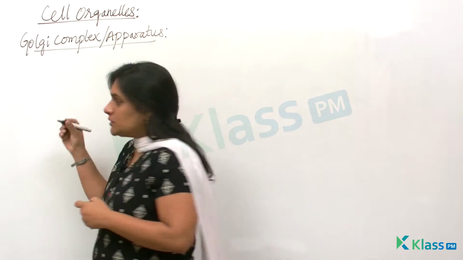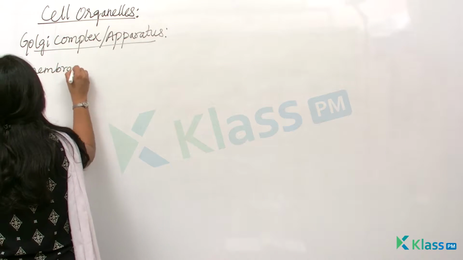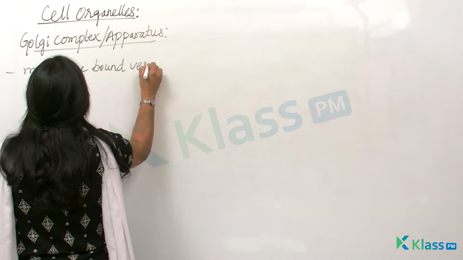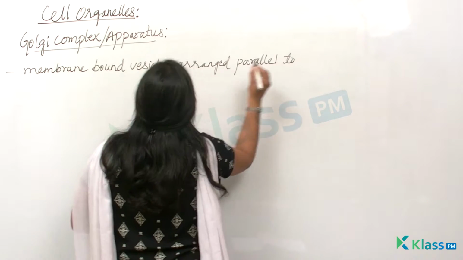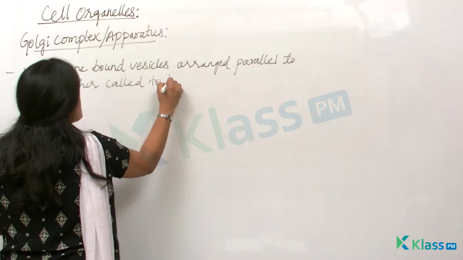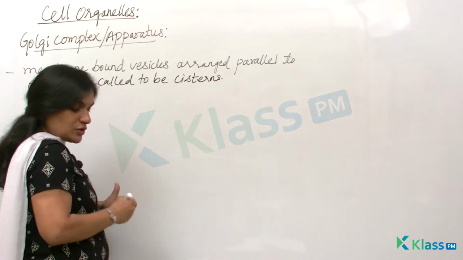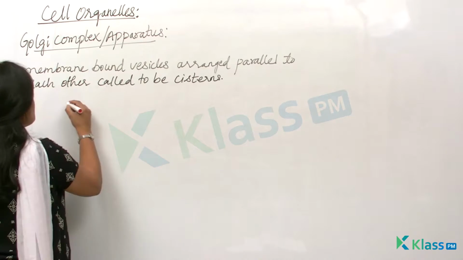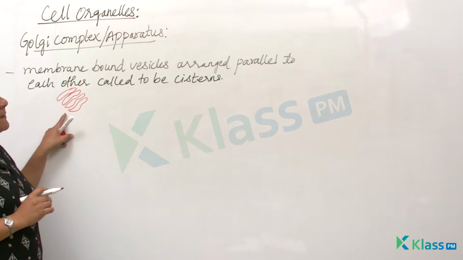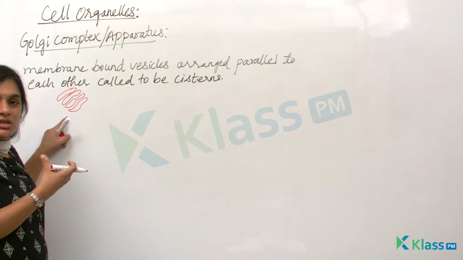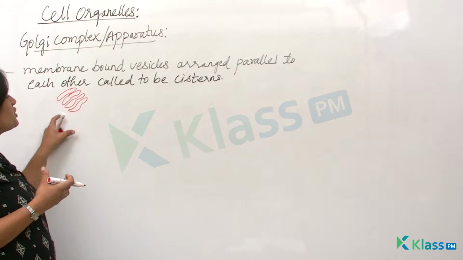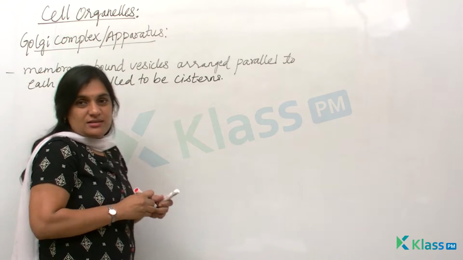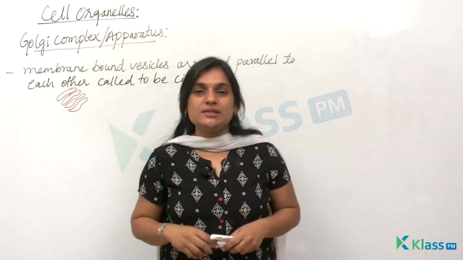So you can see membrane bound vesicles arranged parallel to each other, called cisterns. These Golgi complexes are membrane bound vesicles or sheets or tubes arranged parallel to each other, and this packed set of tubes is said to be a cistern.